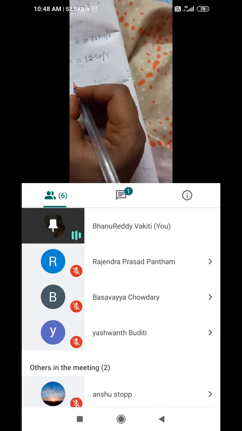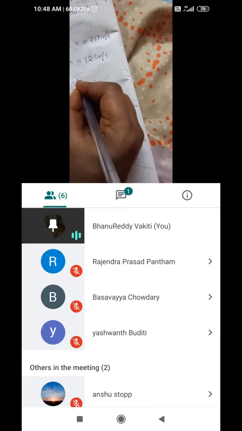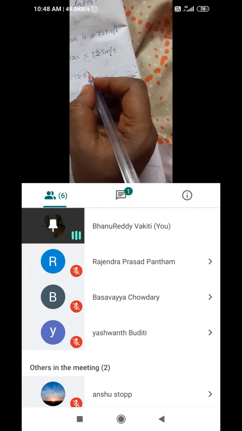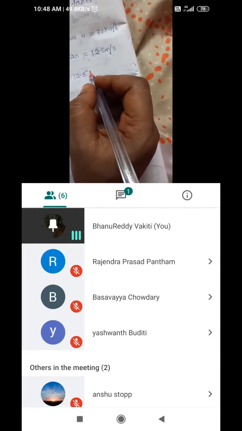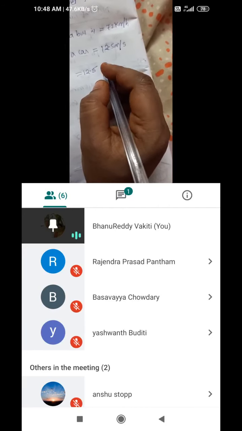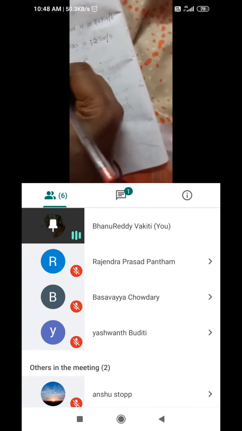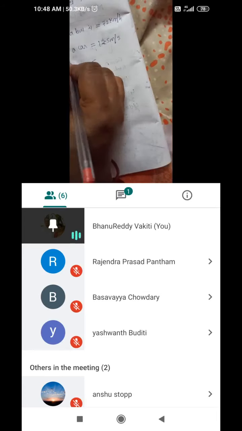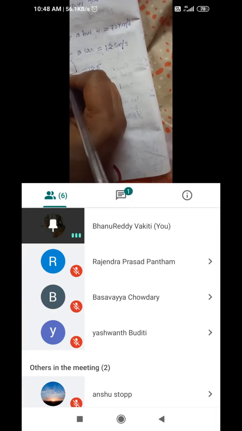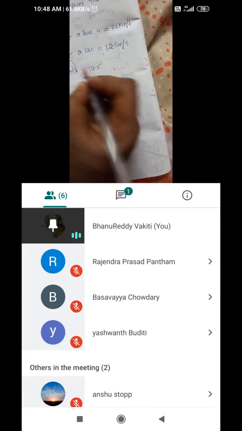So speed of the car is 12.5 meters per second. Rather than meters per second, we want to write kilometers per hour. So here we can write that 1 kilometer per hour is equal to 5 by 18 meters per second.